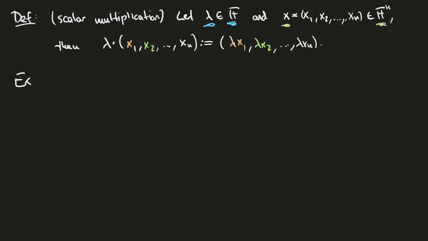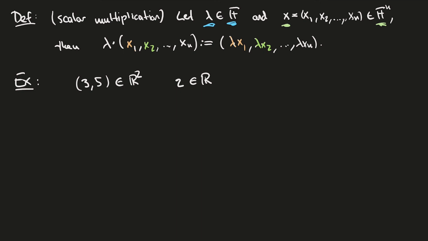To illustrate this in R2, if we have, say, (3, 5), which is an element of R2, and then we take a scalar, so we could take, for example, 2, which needs to be in the base field, so 2 is an element of R. So here we've substituted F for R, and 2 for n.